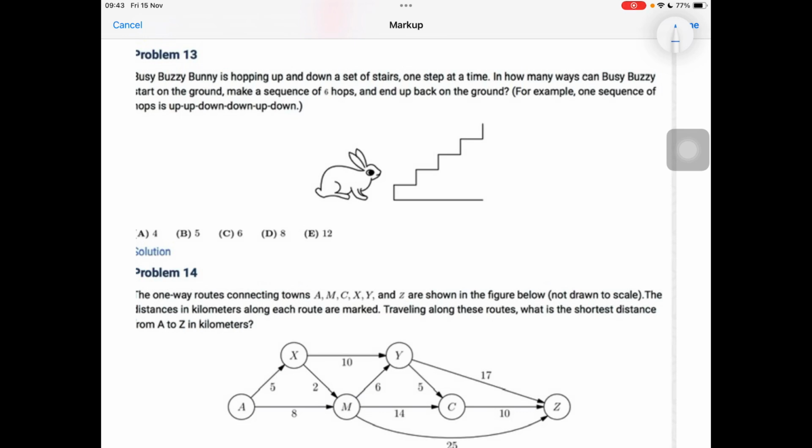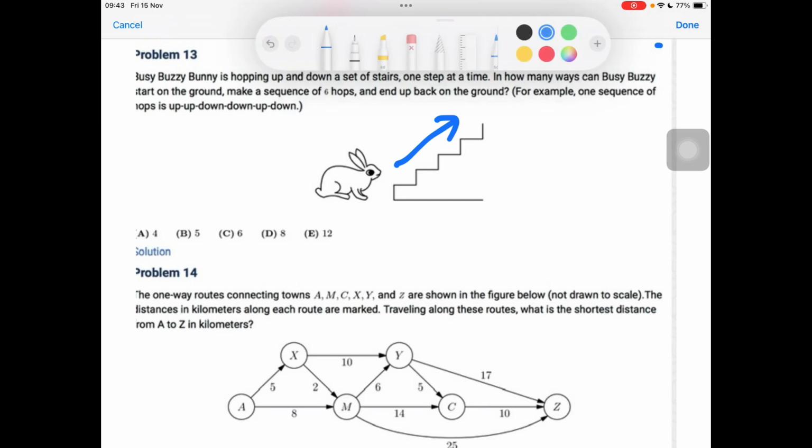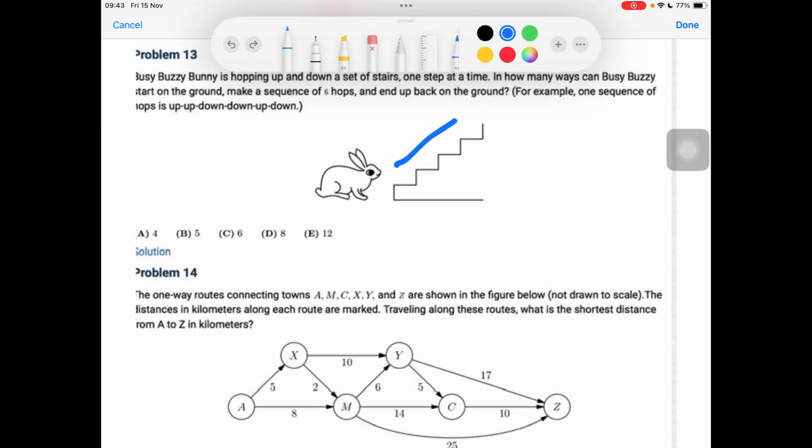And we can guess, because this is one way, I mean the start should be up and the end should be down. So he will make 6 ups and downs, but start is U and the last is D. So now we have 2 U's and 2 D's, and we can make an arrangement.